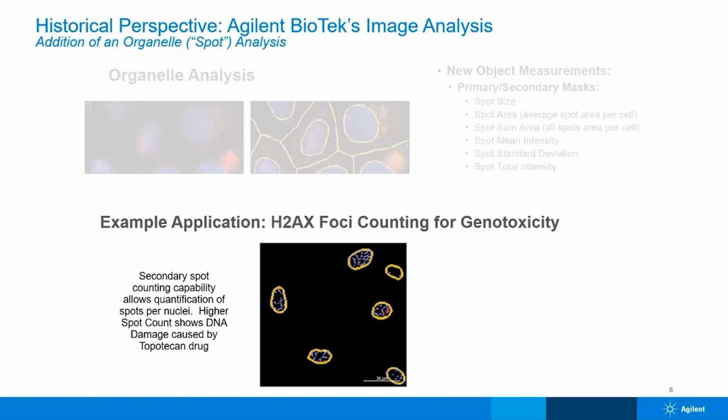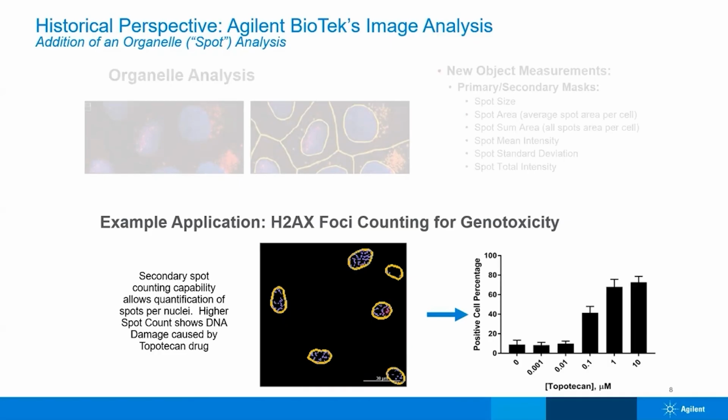The algorithm can count and quantify the number of spots per nucleus. And as you add a drug, as you increase the concentration of the drug, genotoxicity increases across the dose response. This is a good example of where the spot count increases in correlation with drug treatment, and our software is able to quantify it.